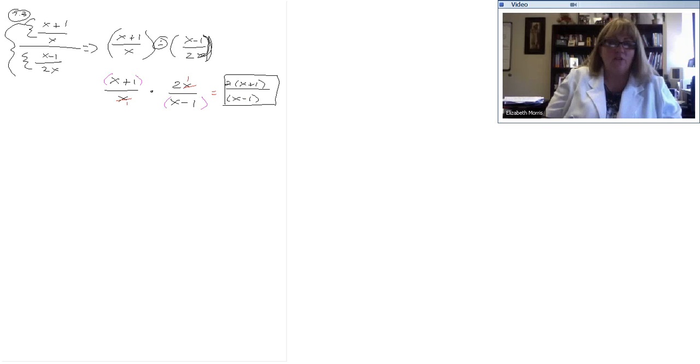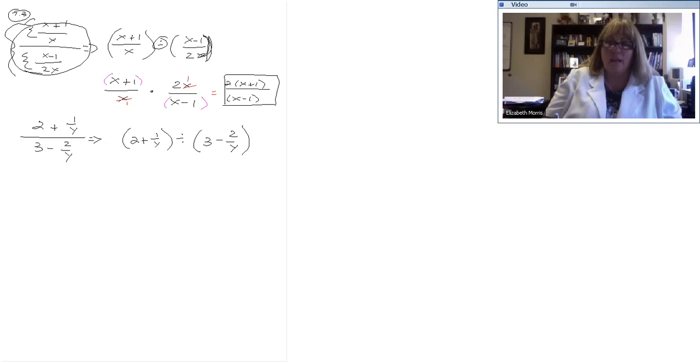But I took this complex fraction and just wrote it out literally what it means. Another one, 2 plus 1 over y divided by 3 minus 2 over y. Again, literally, this means 2 plus 1 over y divided by 3 minus 2 over y.